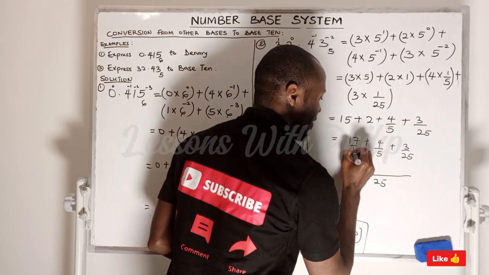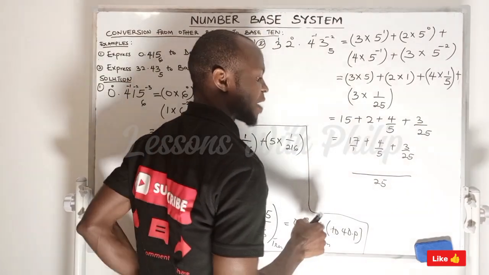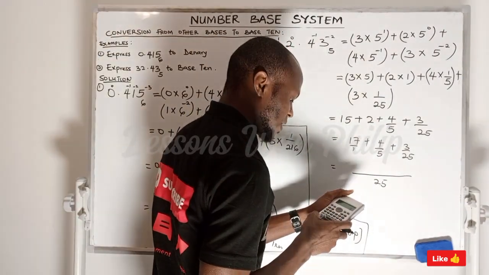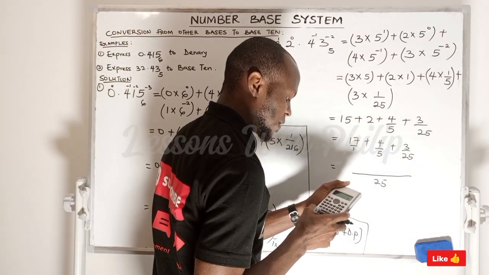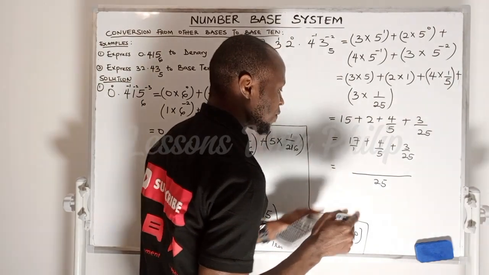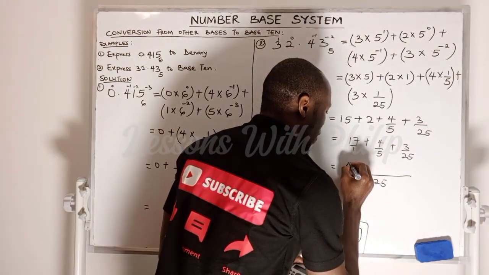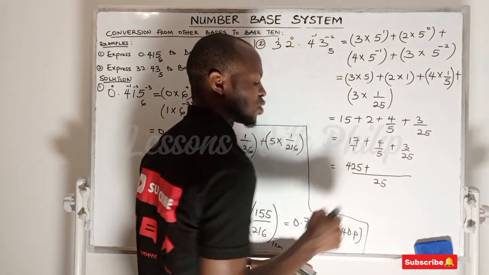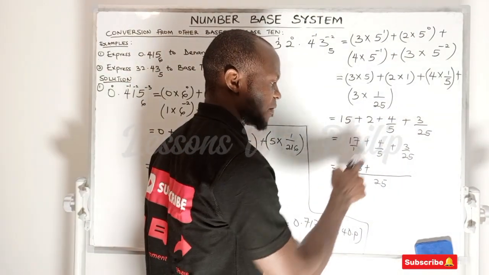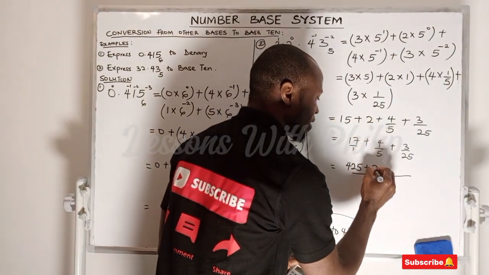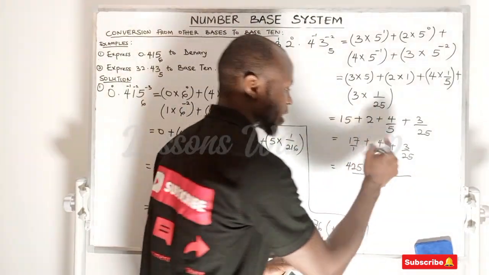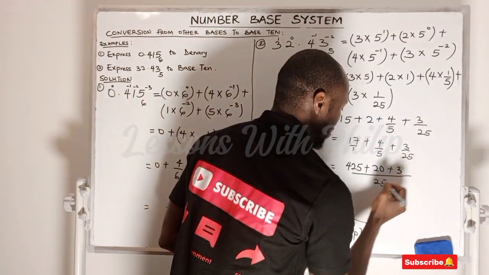This will be divided by 1. 1 in 25 is 25. And 25 times 17 will give us 425. So we have 425, plus 5 in 25 is 5. 5 times 4 is 20. 25 in 25 is 1. 1 times 3 is 3.